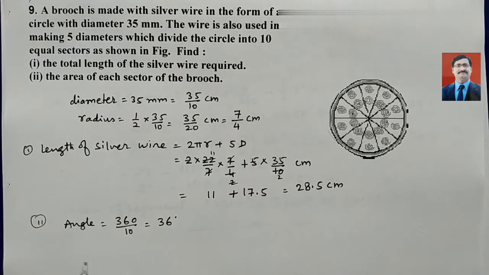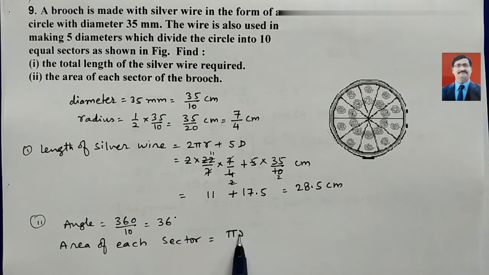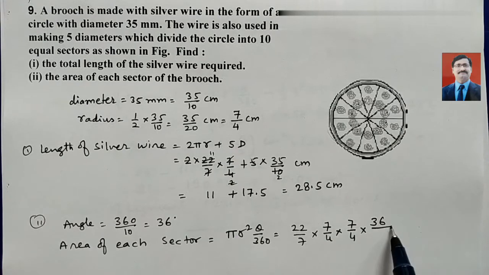Okay, now area of each sector equals pi r square theta upon 360. Pi we can write 22 by 7, r we can write here 7 by 4 into 7 by 4, into theta we can write here 36, and total angle is 360.